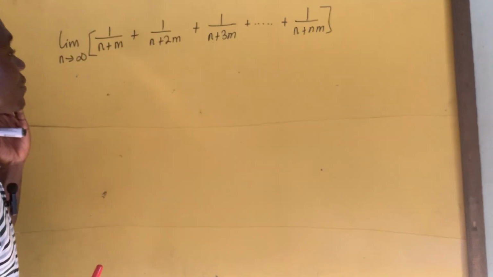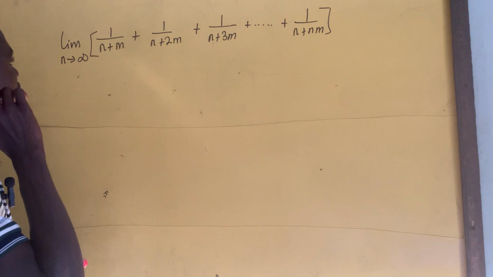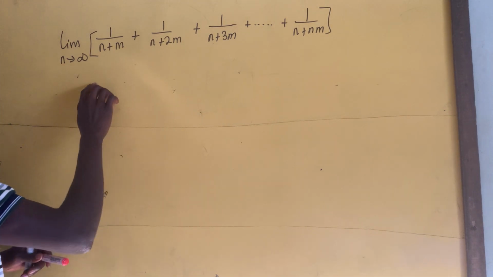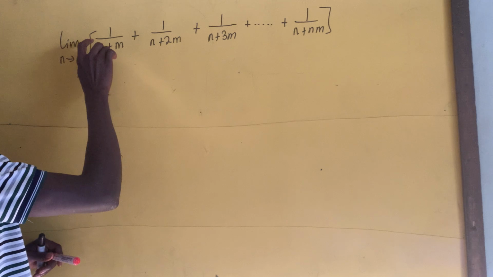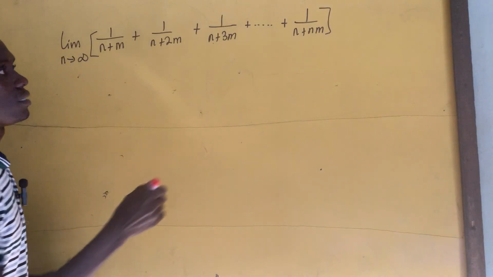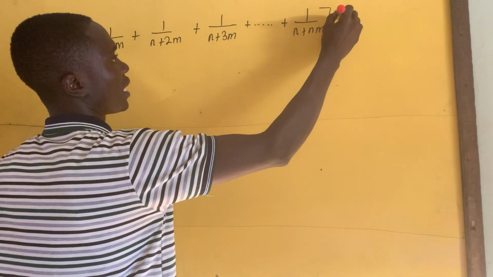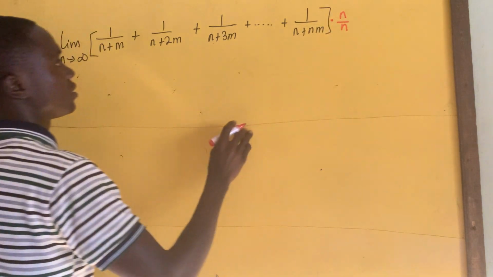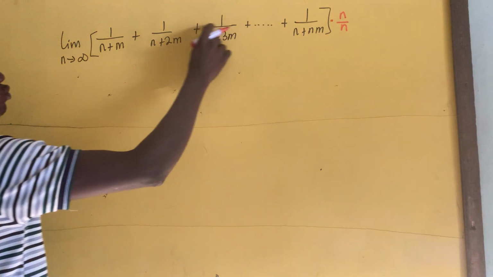So let's see how we do this. We can multiply through by n divided by n, so I'll let this n go through.